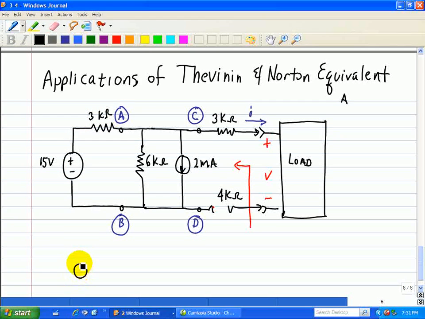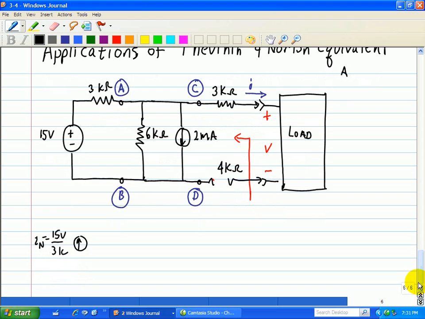So in that case, this would be our IN Norton equivalent of 15 volts divided by 3K, which in this case is 5 milliamps. And the Norton equivalent, looking at the terminals between A and B, would be 3K here.